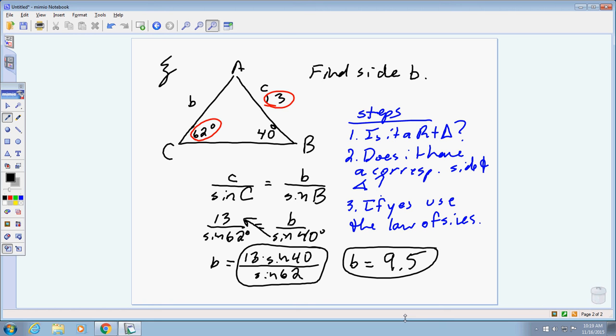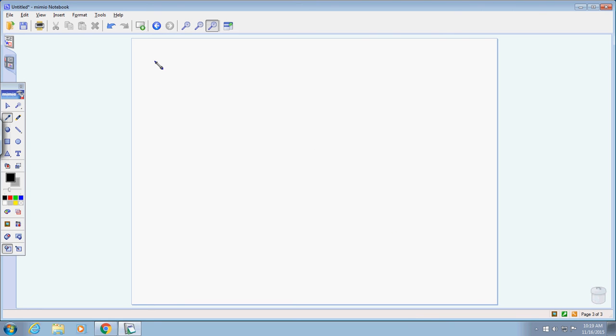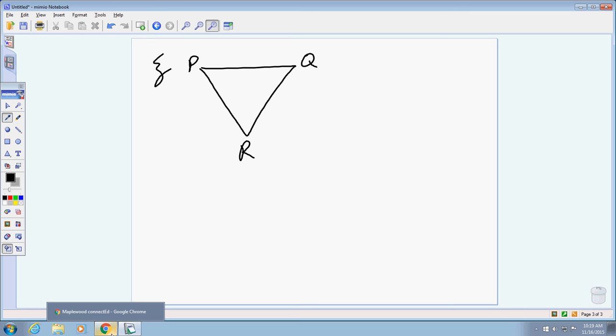Okay. Let's do another example. This time, we'll go like this. An example. Let's go P, Q, and R. Like I said, you can do P, Q, and R. Let's go with 20. 57 degrees.